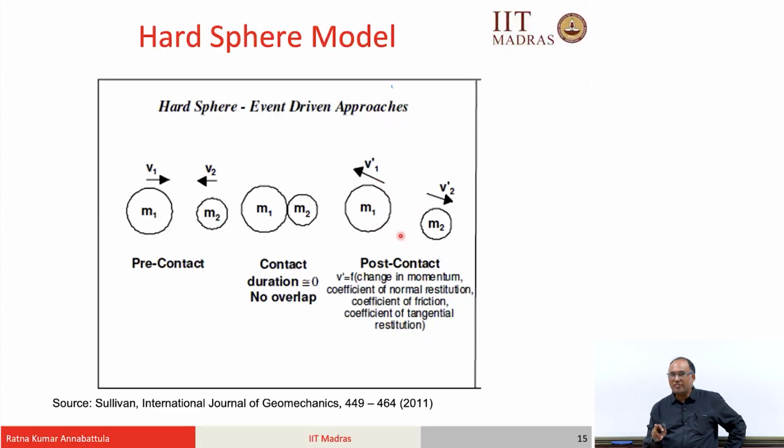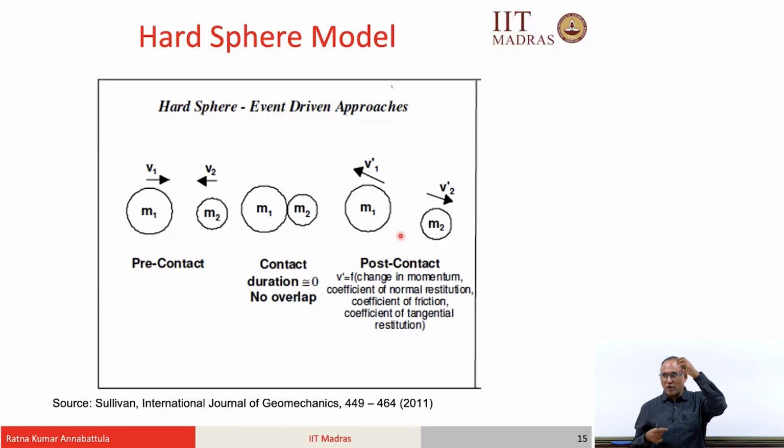So, in event driven problems like the hard sphere model, one of the most important differences compared to a soft sphere model is that a particle at a particular instance will be in touch with only one other particle. It will not have simultaneous interactions at the same time.